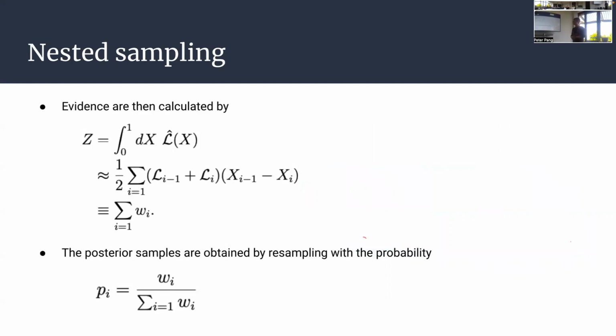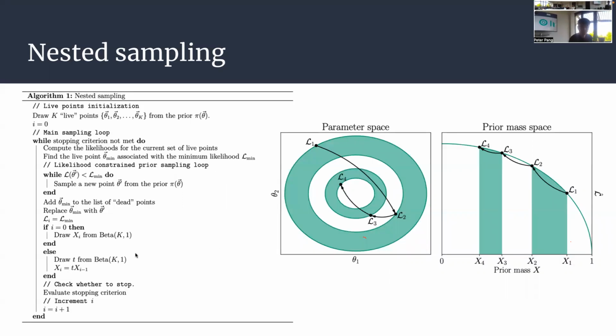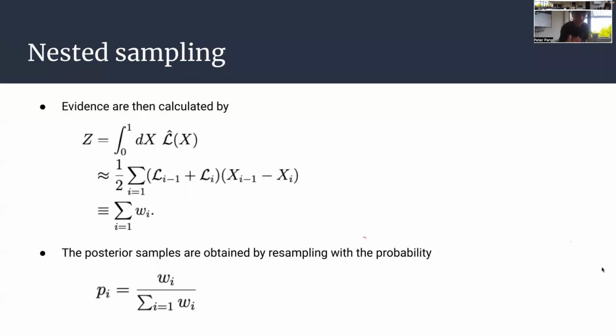So now with this bunch of likelihood and prior mass, you can have the evidence very easily calculated. You can use Bayes' rule, simple sums and so on, to calculate the evidence.